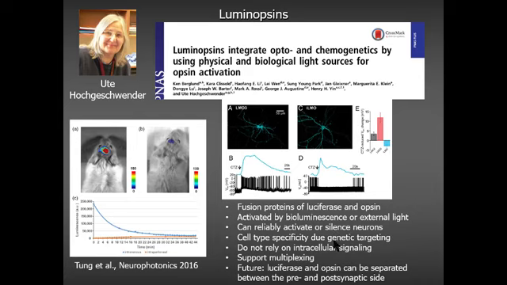There is cell specificity because you can do genetic targeting. It doesn't rely on intracellular signaling. It supports multiplexing because you can genetically engineer luminescence to be of different colors, and luciferases also come in different types and have different substrates.